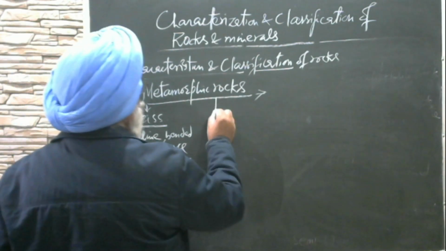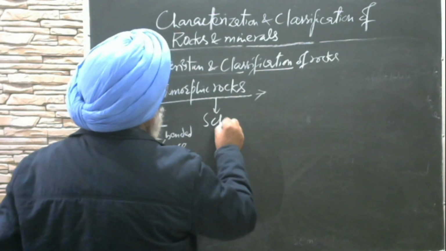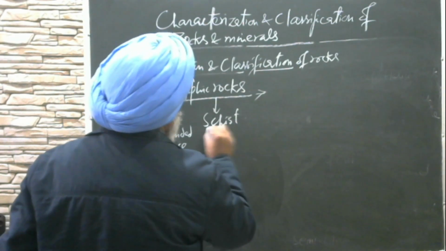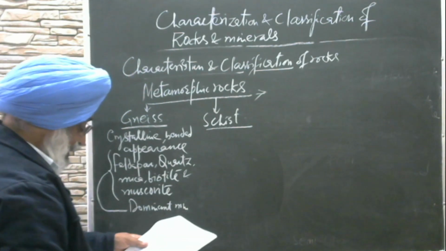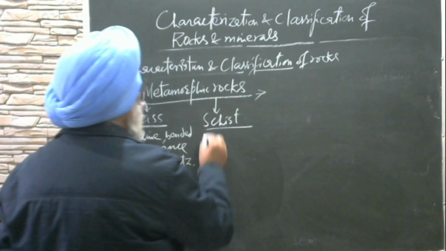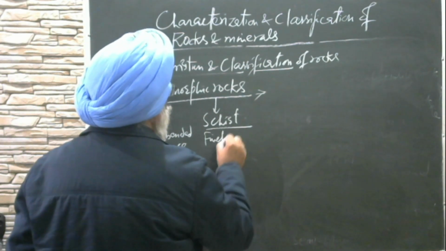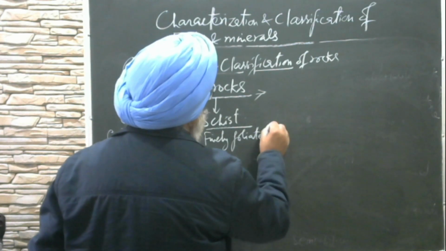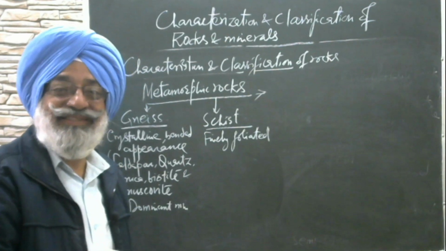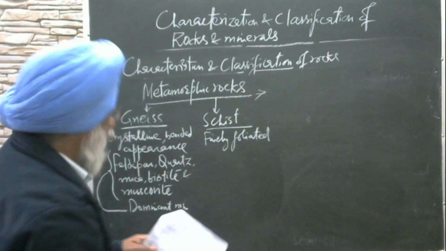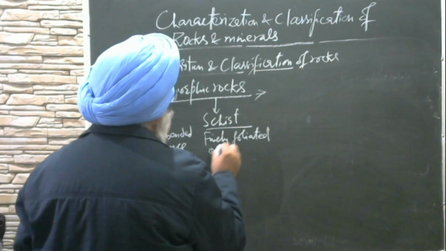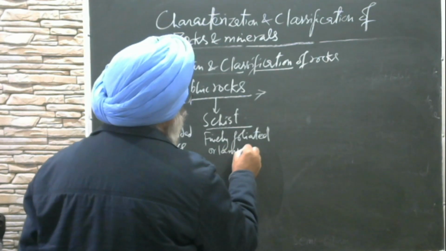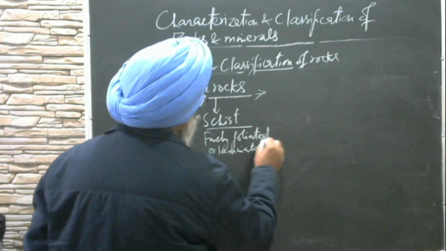Second group is schist. These are finely foliated. I hope you understand foliated. That means very fine layers, foliated, or they also call it laminated rocks.